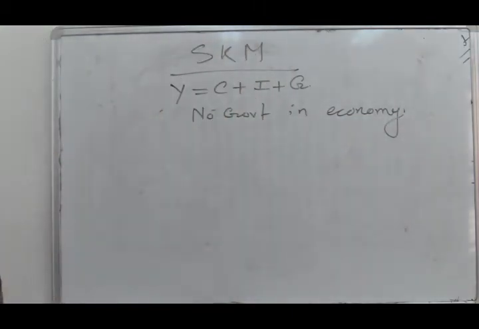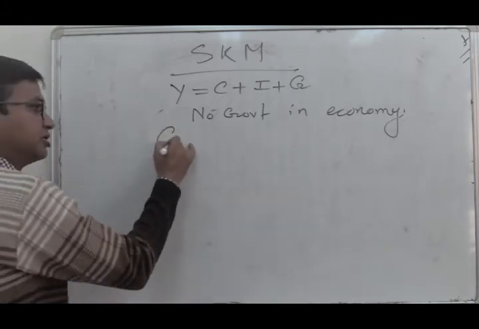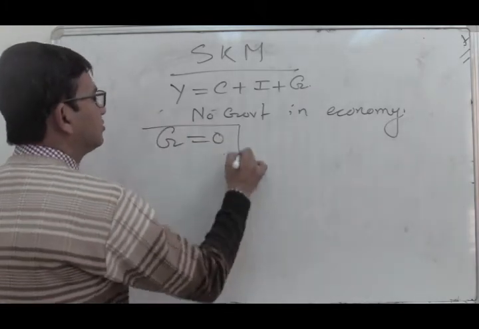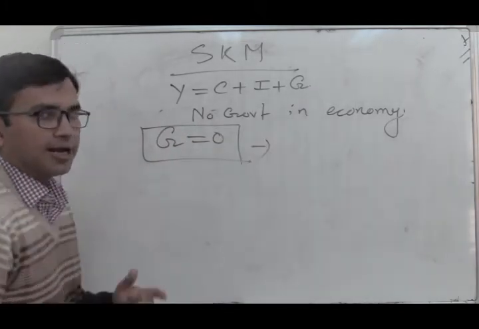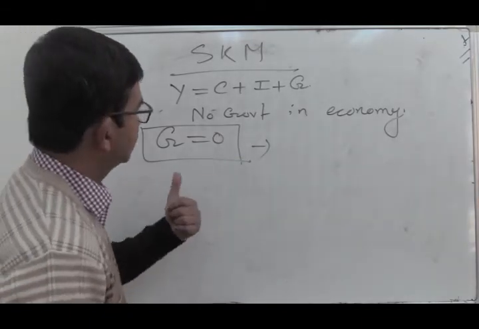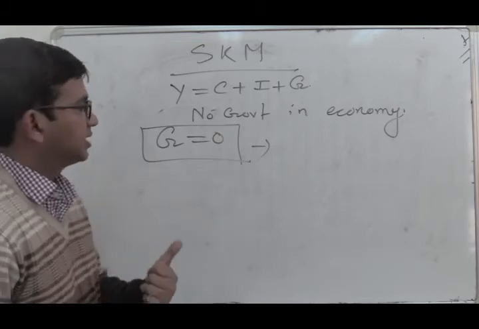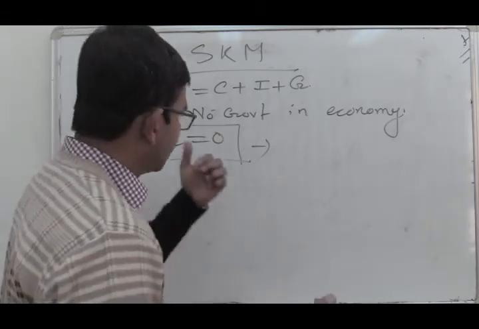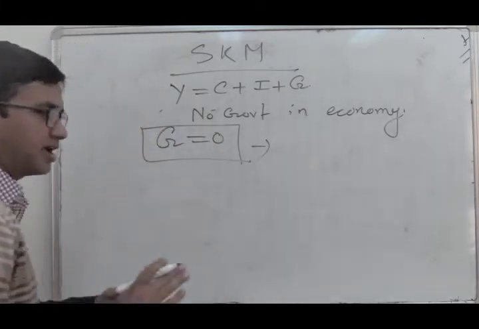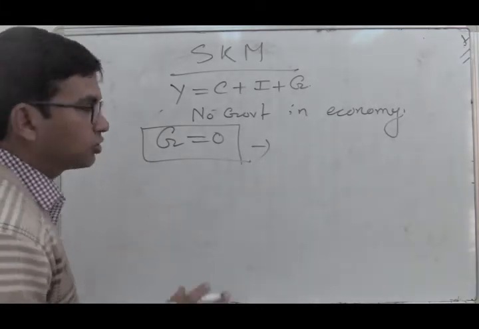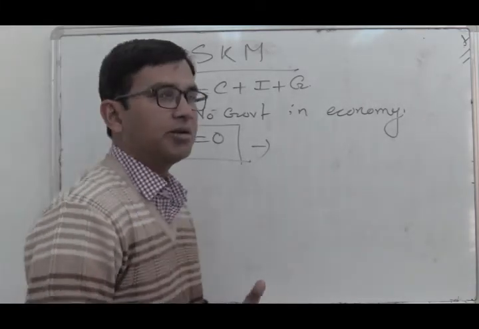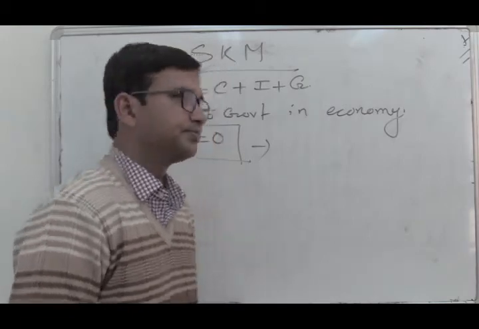So government does not play any role, so here G will be equal to 0. Later on we will bring government expenditure and tax into the Keynesian model. But right now we are considering a closed economy without any kind of public intervention.